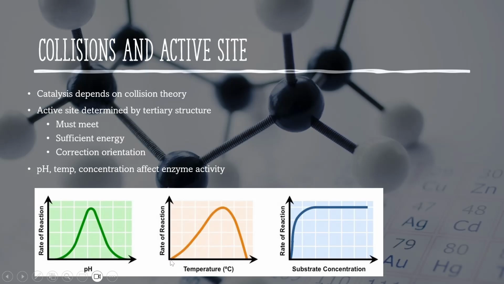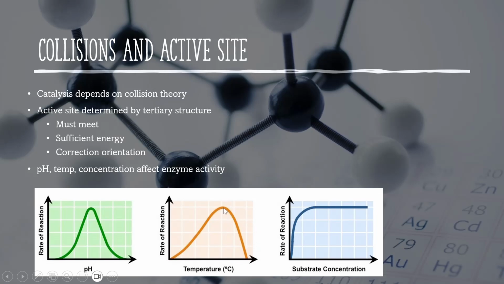Temperature, if it's too cold, there's not going to be enough energy for an enzyme to function. Also if it's too cold, there could be crystallization, and that can damage a protein. If it's too hot, you can have the hydrogen bonds in a protein start to denature and it starts losing its shape.